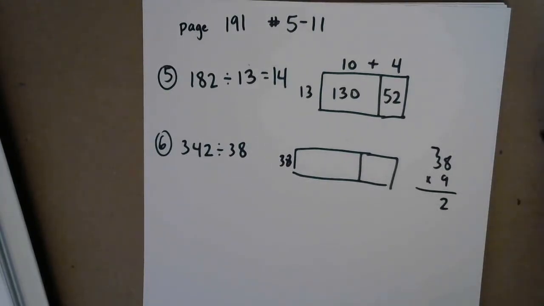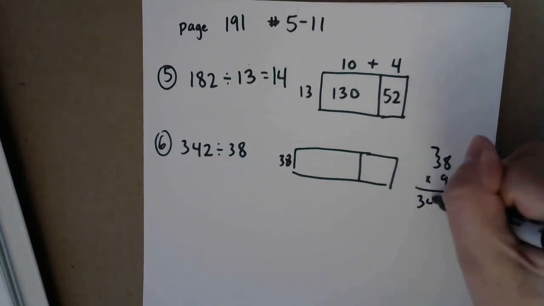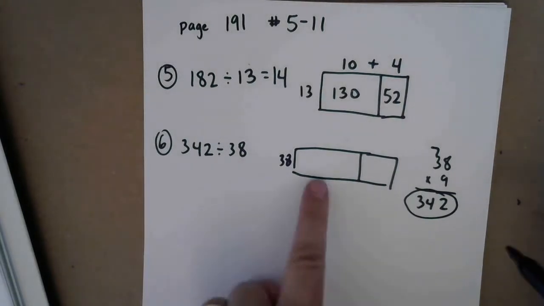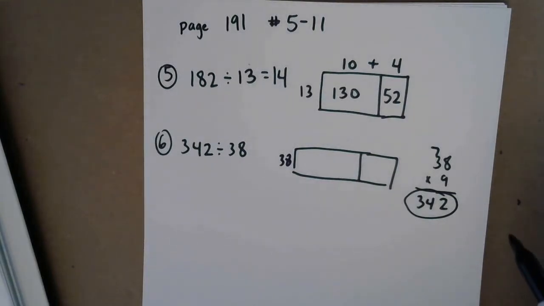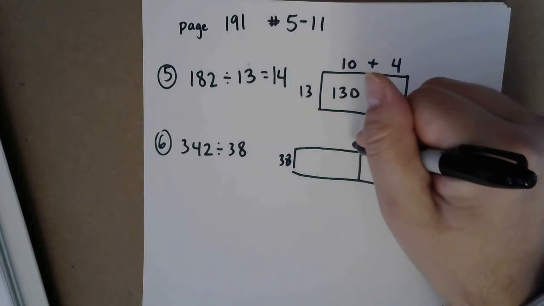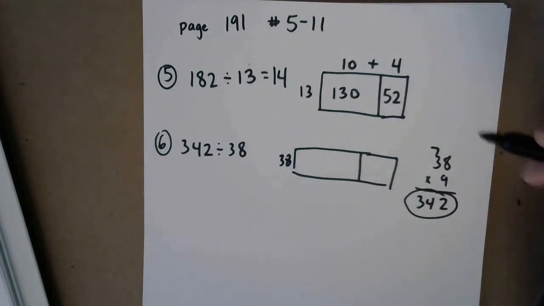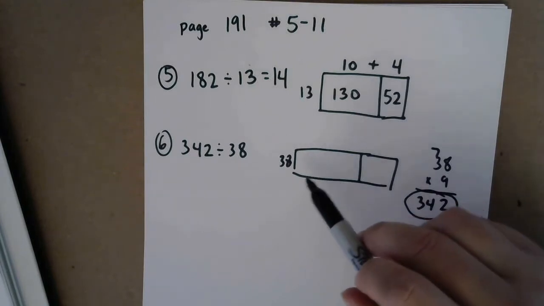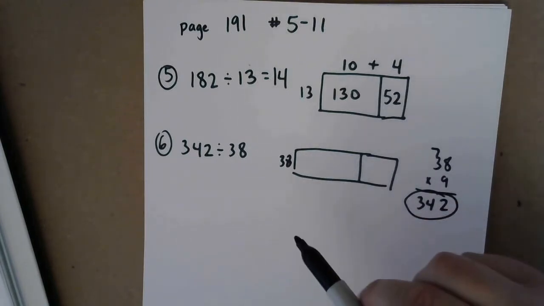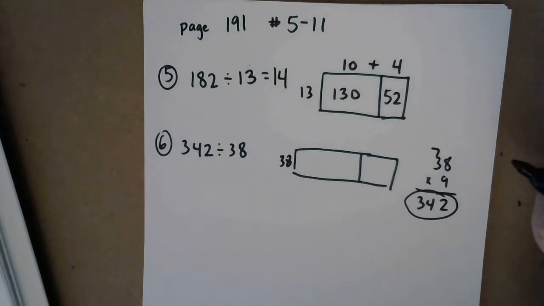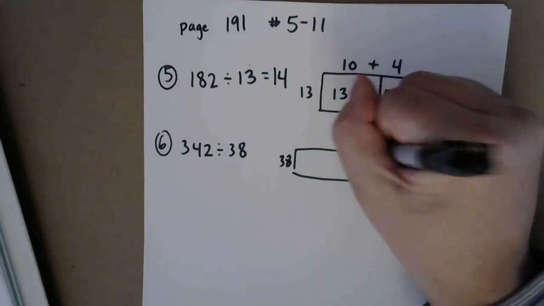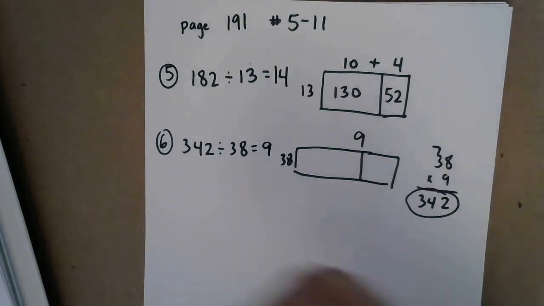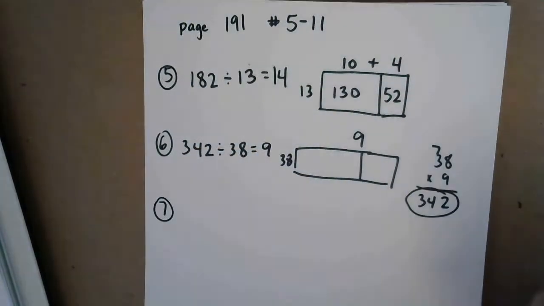Plus 7 is 34. Look at this. 342. Now, I'm not sure we would even need a model here, right? Because we could think that this is going to be 9. But you might think that maybe you split it into 3 times 38, or 6 times 38, or 4, any of those numbers, really, we could split it up. We could also just think that it's 9.